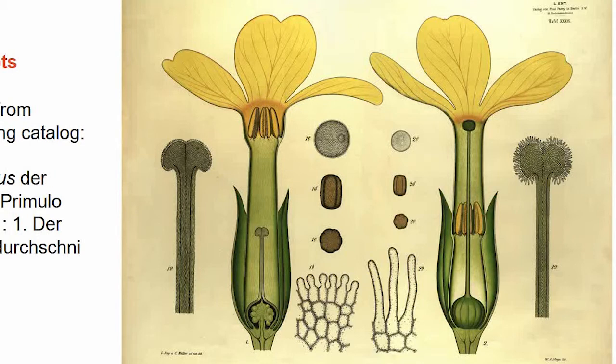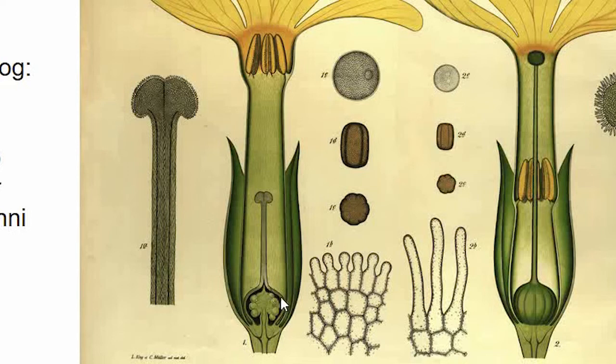So if you look carefully at these two flowers, they are from the same species, but there's a dimorphism. So there's two morphological types in this flower. And if you look closely, you'll see here that the female part, the gynoecium here, has a very short style and stigmatic surface.